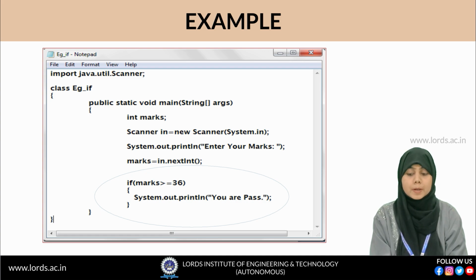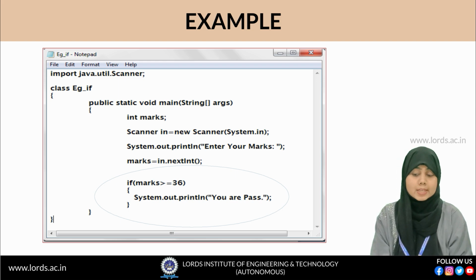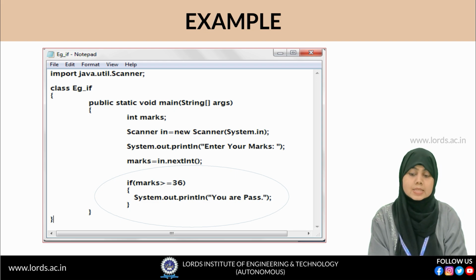Then there comes the if statement, the simple if statement part, where we write the if keyword, and under that we give the boolean expression. What is the boolean expression over here? It is marks greater than or equal to 36. So if the marks are greater than or equal to 36, then print that you are pass.